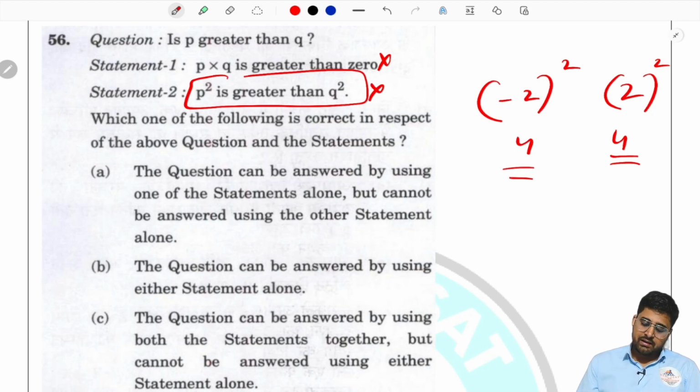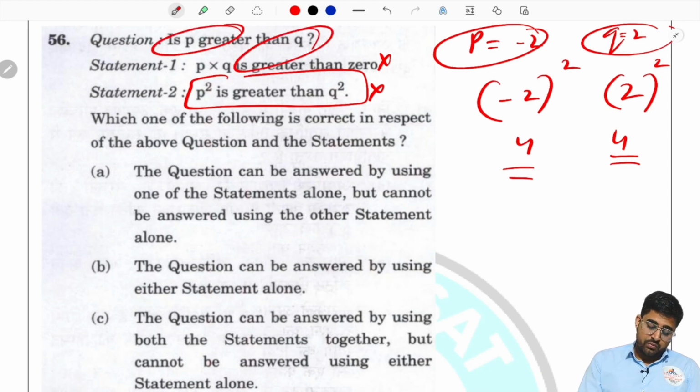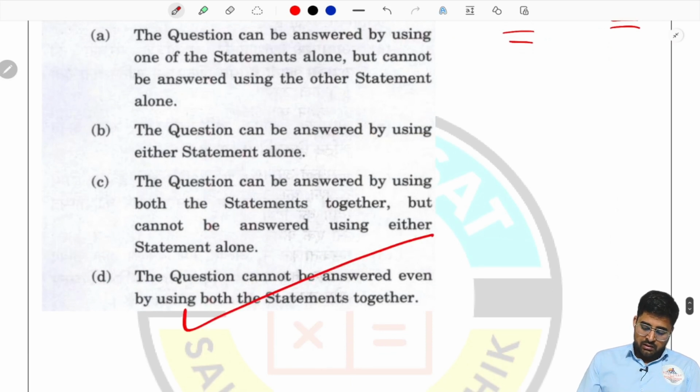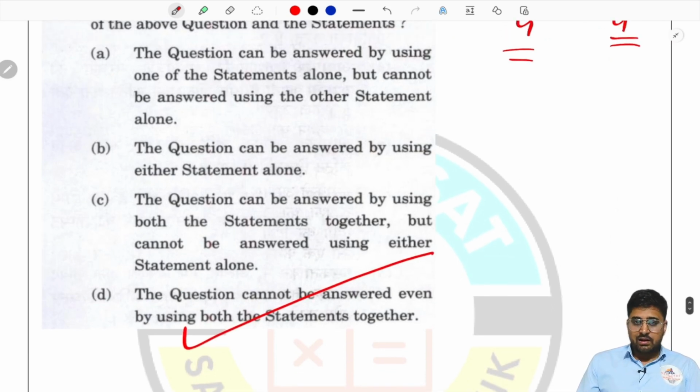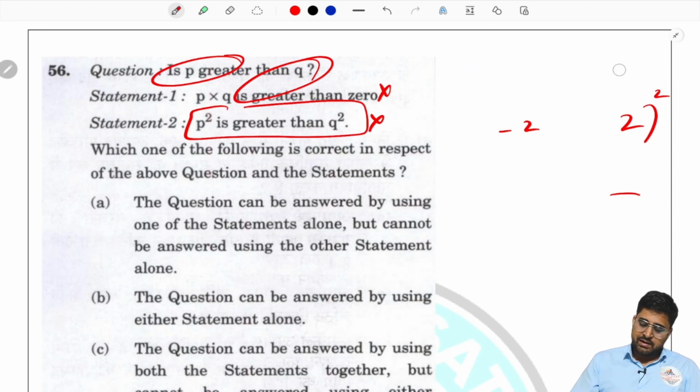But in reality, P is -2 and Q is +2. How can you know whether P is greater or not? No, both statements are insufficient. Option D is the correct one. You cannot answer using these two statements. So this is an utterly easy question. You just have to comprehend it in your mind. Let's do the next question.